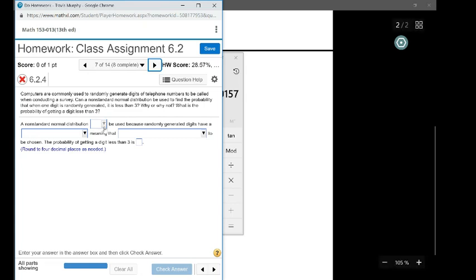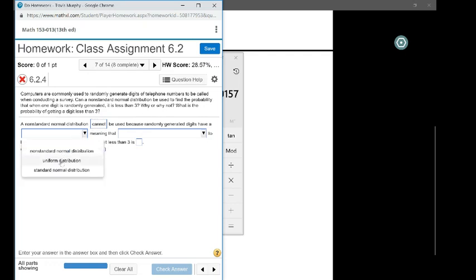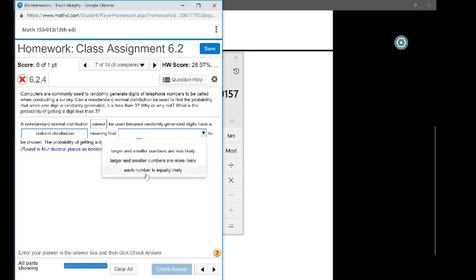Well, a non-standard normal distribution cannot be used because randomly generated digits have an equal chance, so that means a uniform distribution, meaning that each number is equally likely to be chosen.